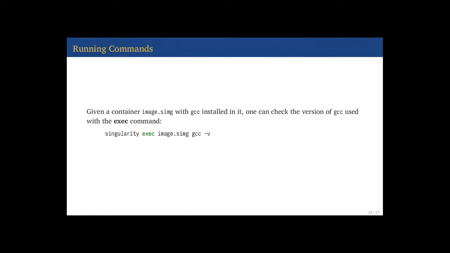So when you run it, you'll see that the GCC version is not the same as what you're used to on Graham or Cedar or whatever system. It's whatever you installed in that container. And whatever programs you have in there, that's how you can run them. So the trick is you're running all of these as your own user account, so there are no security issues, happiness.